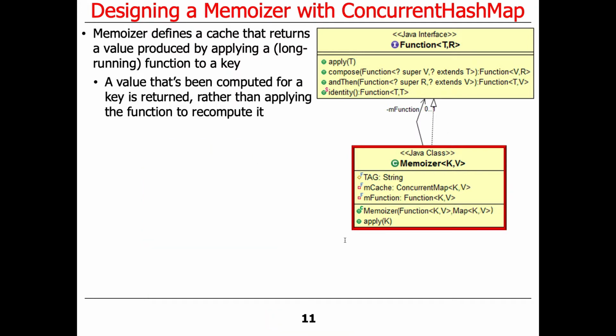So the memoizer is basically passed a function and a map, and it will use the map to check whether or not we've already got a value for a key. And if we do not, we apply that function the first time, cache the results, and then next time someone comes along and asks for the same key, we just give back the results.